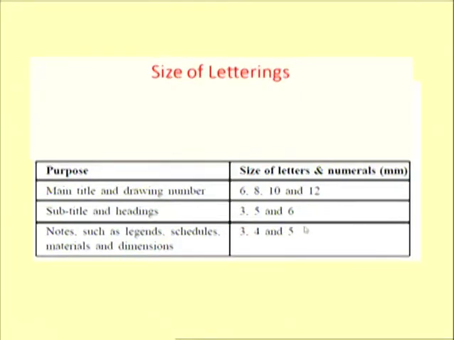Now, the size of the lettering in a drawing sheet. You are going to complete these drawings, that is the plan, section and elevation. You have to mention the different details of the components of the building, like the flooring, foundation, what is the thickness of the slab, what is the lintel, what is the thickness of the lintel, what is the room size.